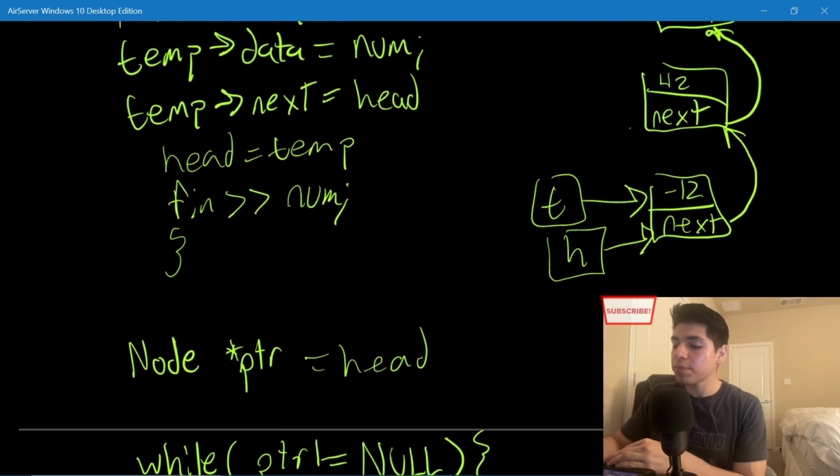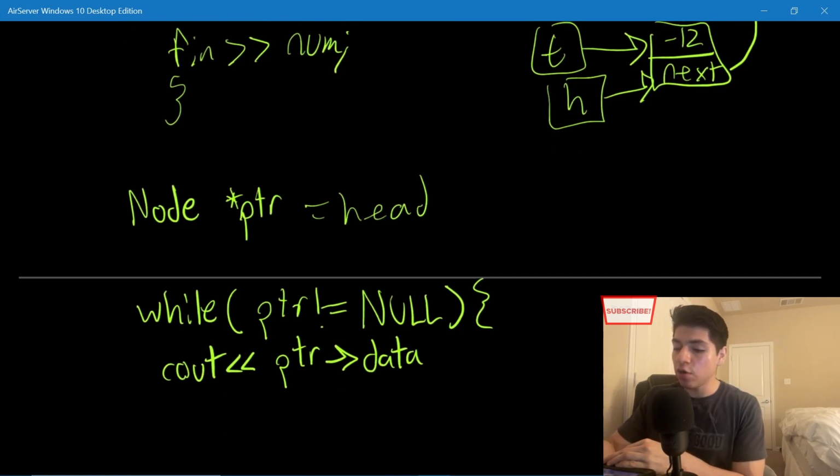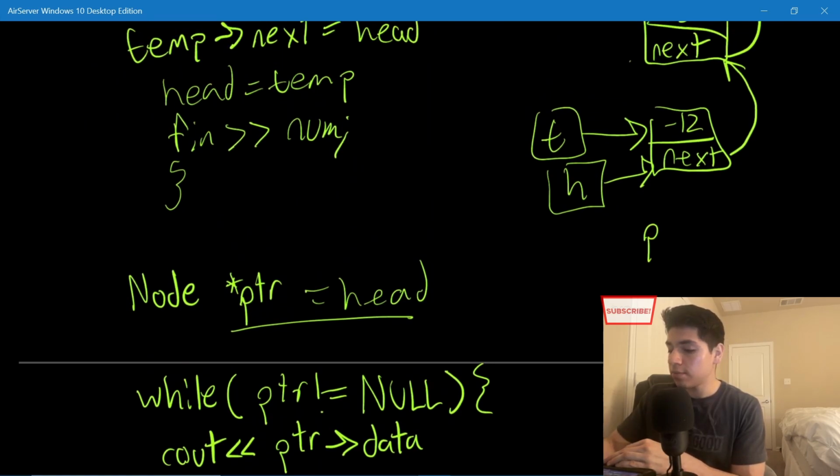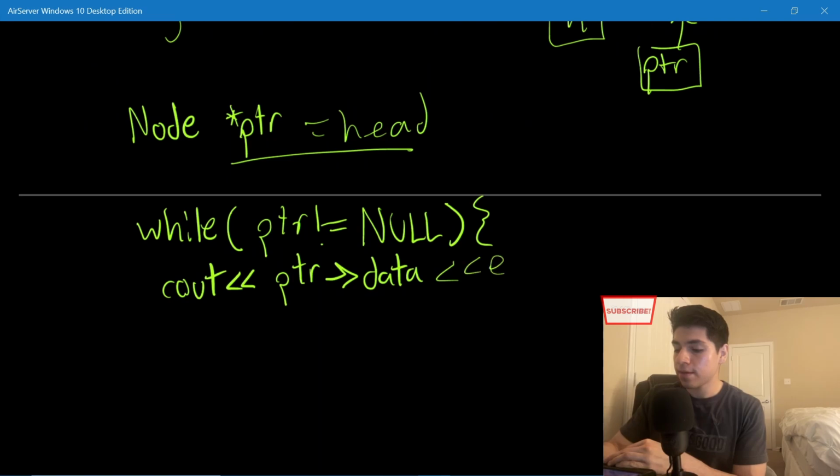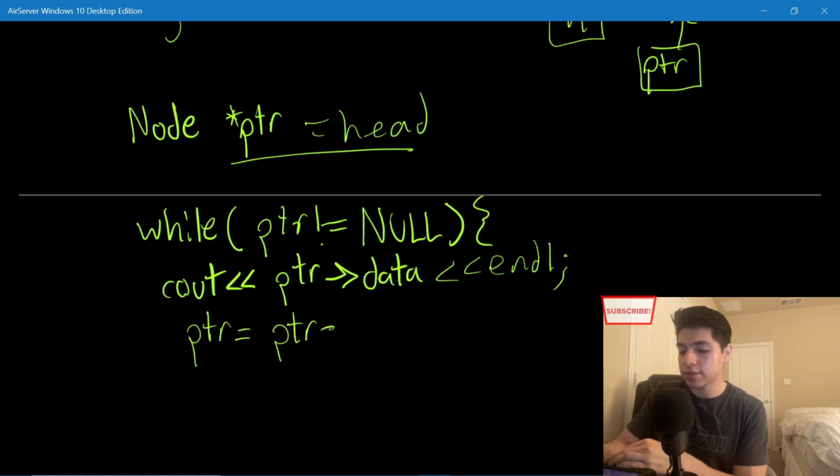So basically whatever ptr is pointing to, and since we know it's pointing to the same thing as head given our previous line of code, ptr is going to print out the data, which in this case, let's say it's -12. And then what we want to do is move it on to the next one. To do that, we're just going to do ptr equals ptr next.